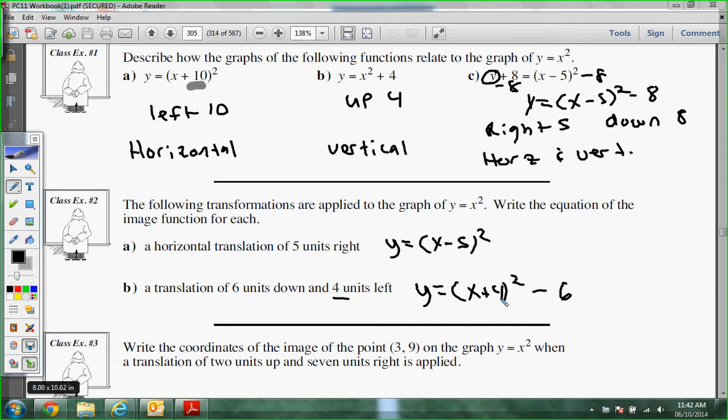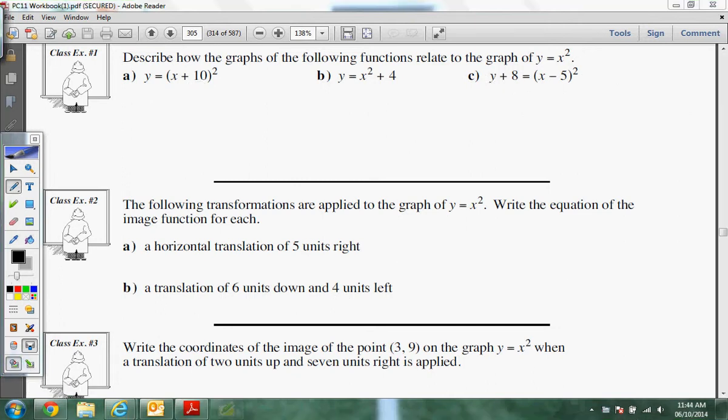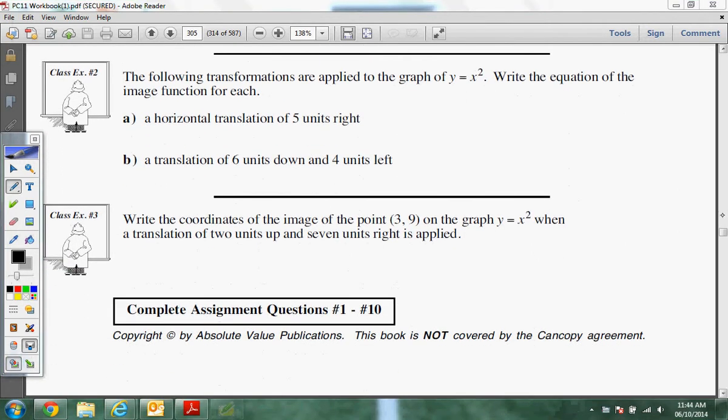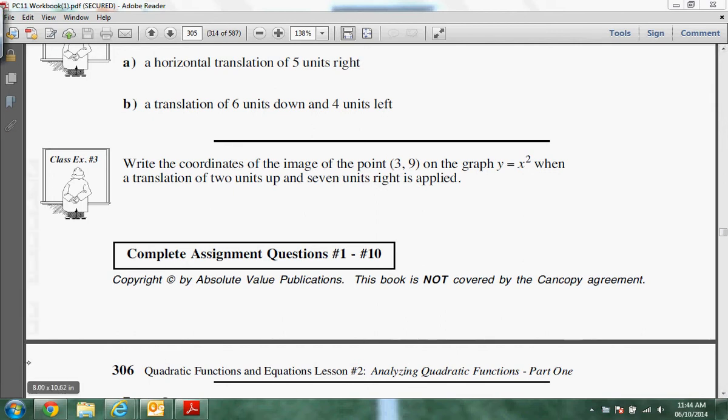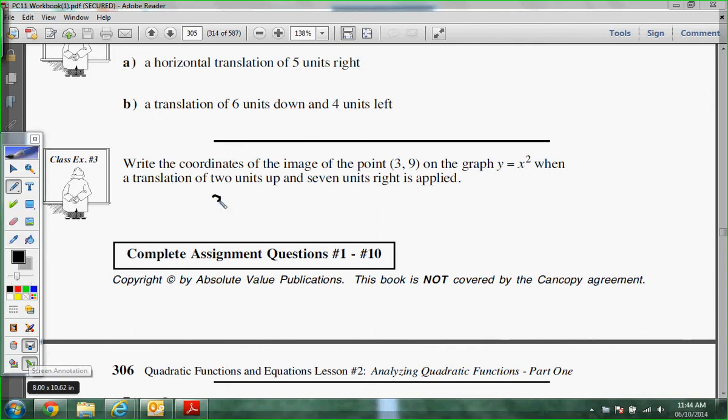Okay, and our final example. Write the coordinates of the image of the point (3, 9) on the graph y equals x squared when a translation of 2 units up and 7 units right is applied. All I have to do is understand that (3, 9) is a point (x, y). 2 units up affects the y, so that makes it (3, 11).